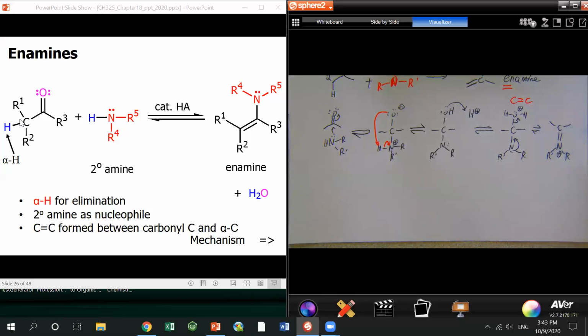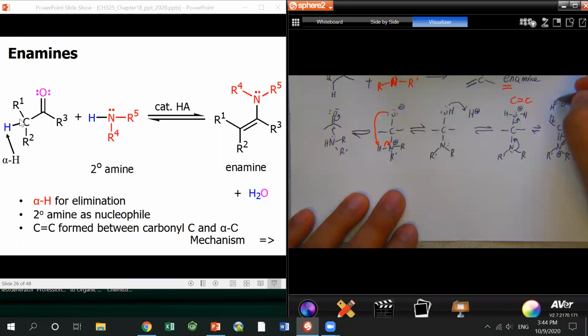That's where the alpha hydrogens come in, the hydrogen on the alpha carbon. Some base comes in and picks up this alpha hydrogen, and then you shift electrons here and here. You push electrons three times, so maybe use the red pen to highlight.